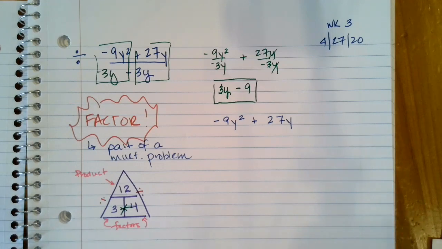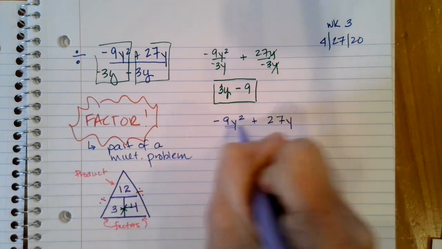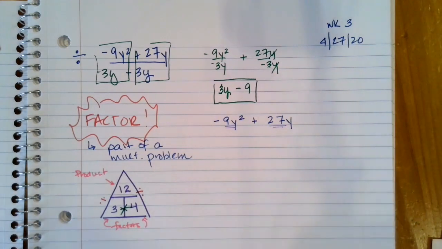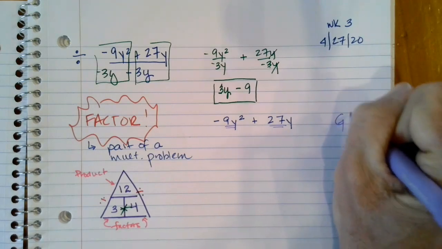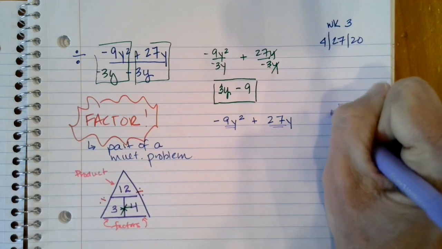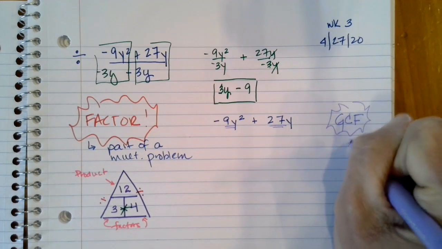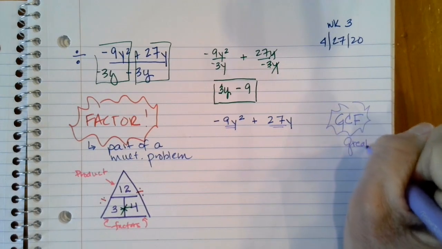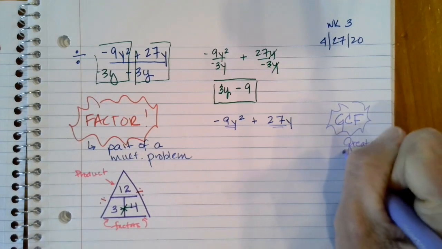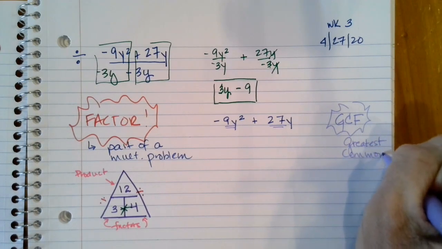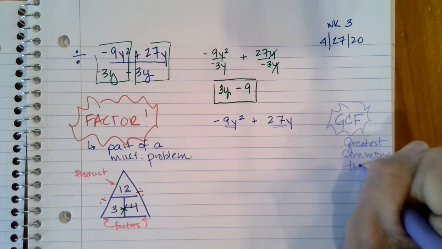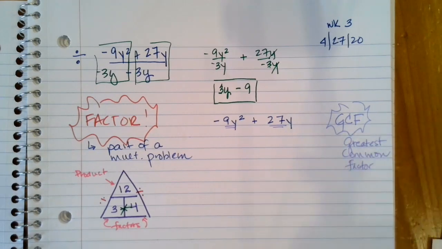So what we want to do is think about anything that's common in both of these expressions that we want to divide out. And here's where we come up with our greatest common factor. Greatest means we're looking for the biggest. Common means it has to fit everything, and factor is a number that's part of a multiplication problem.